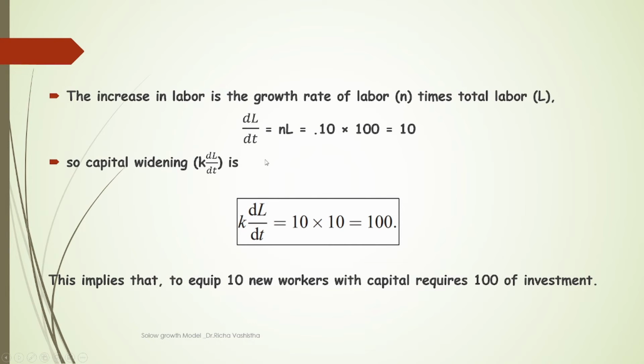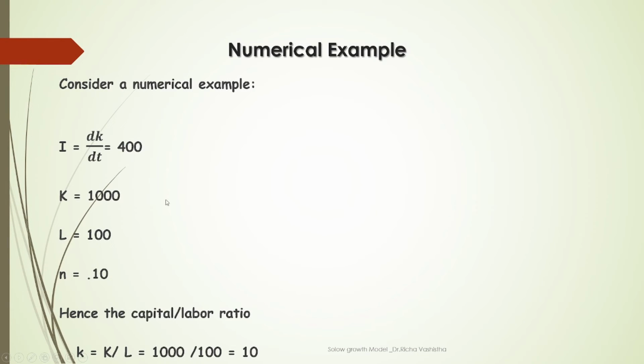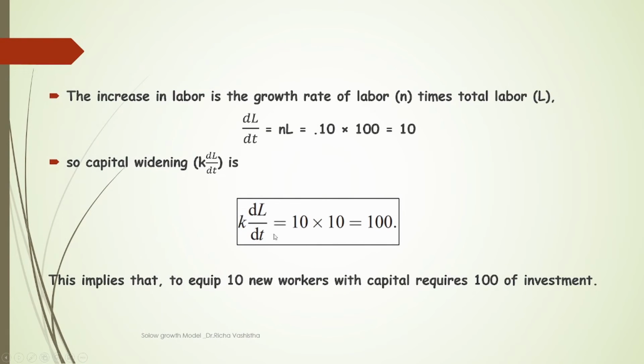Whereas we have already got dL by dt. Further, dK by dt is already given, so we'll put it in the equation and find out k times dL by dt. The value comes out to be 100 when we put it in here, which shows that to equip 10 new workers with capital, it requires 100 of investment.